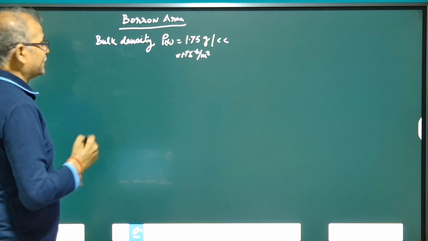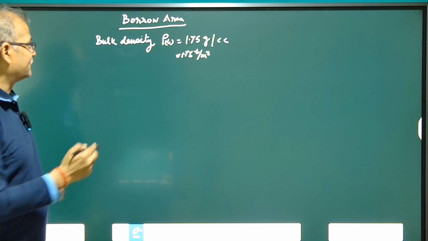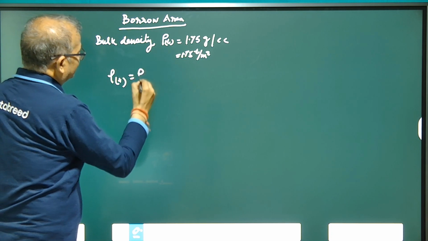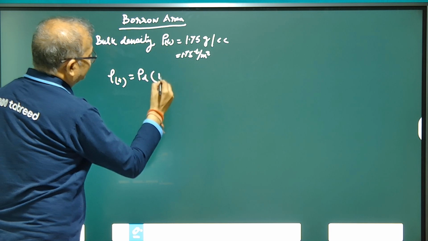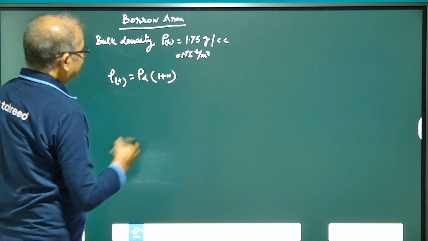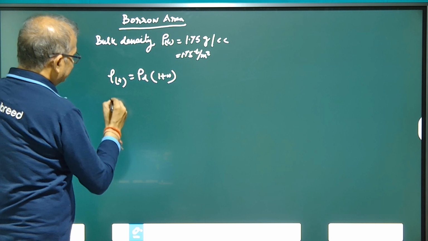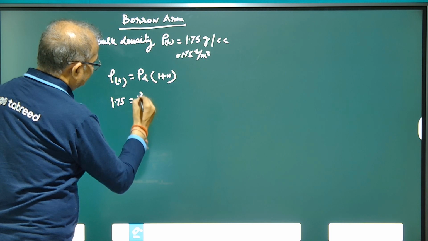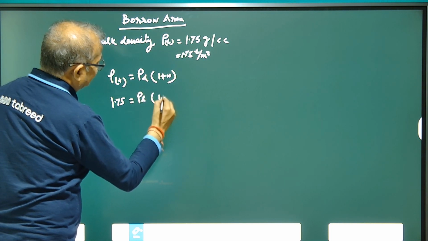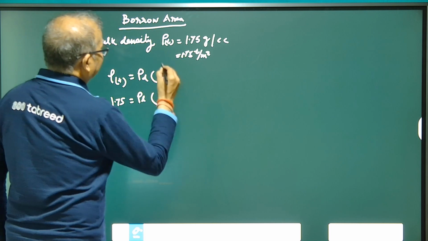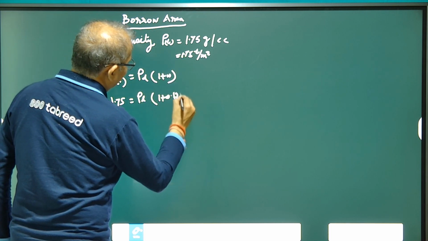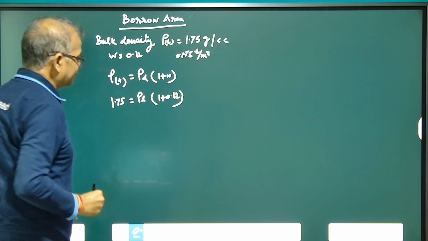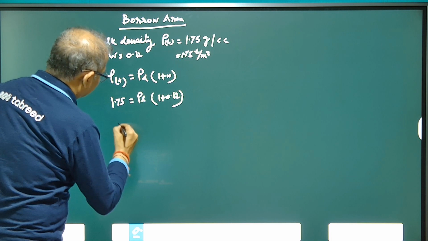We know the relationship between the bulk density and the dry density. Bulk density rho suffix t is nothing but rho suffix d into (1 plus water content W). Let us input the values. Rho t is given 1.75. Dry density we need to determine, times 1 plus water content of the borrow area soil, which is 0.12, given in the question.